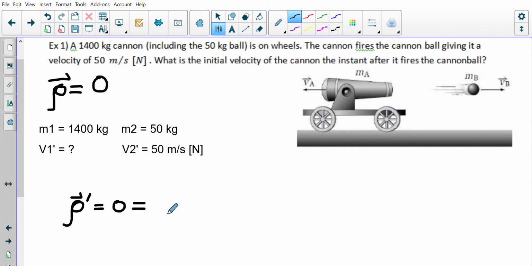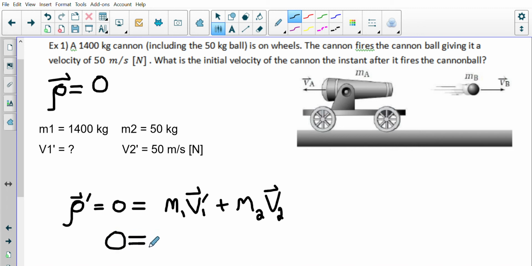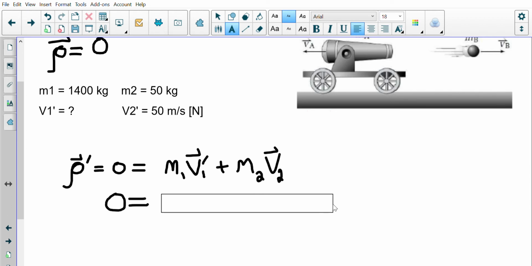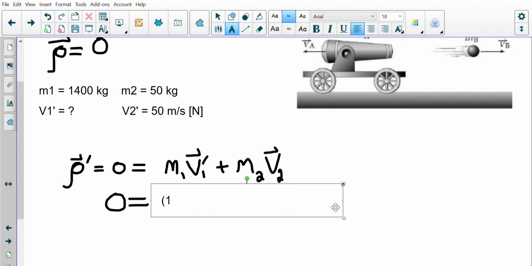But again, it's equal to m1 times v1 prime plus m2 v2 prime. So 0 equals, all right, so I'm plugging in m1, this 1,400 kilogram cannon. We don't know v1 prime.